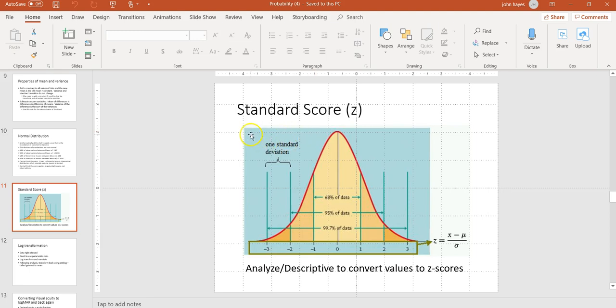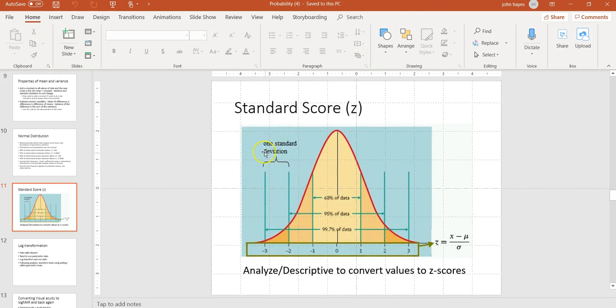The observations could all pile up on the left here and get this big skew.